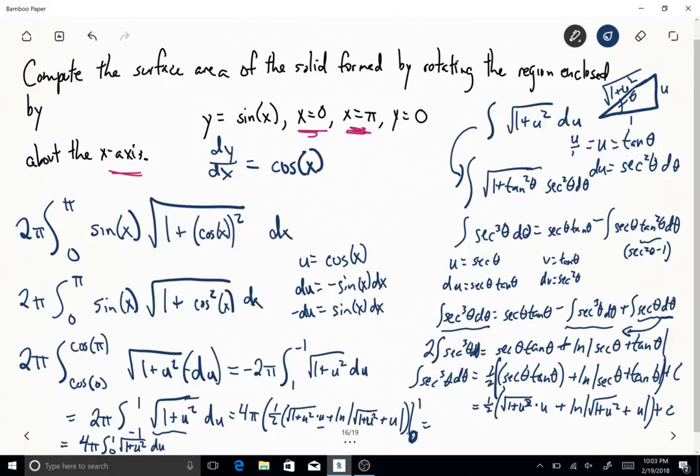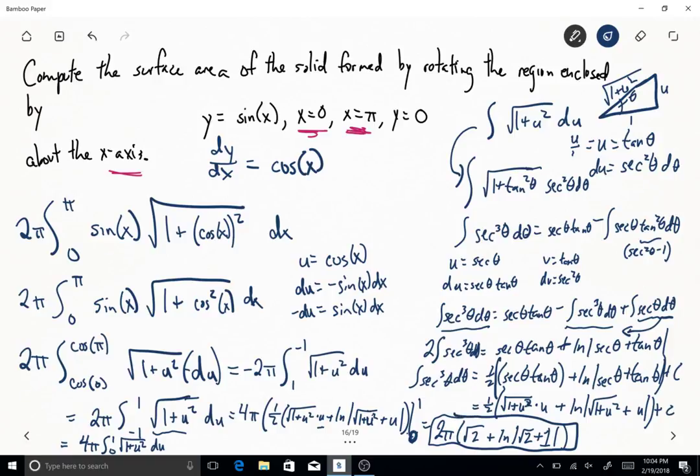What we're left with is 4 pi times 1/2, which is 2 pi, times the square root of 2 times 1, which is still the square root of 2, plus the natural log of the square root of 2 plus 1. Let me write 1 that way, and then we close that off. And we're finally done. I know that wasn't pretty, but it's exactly how we go about it.